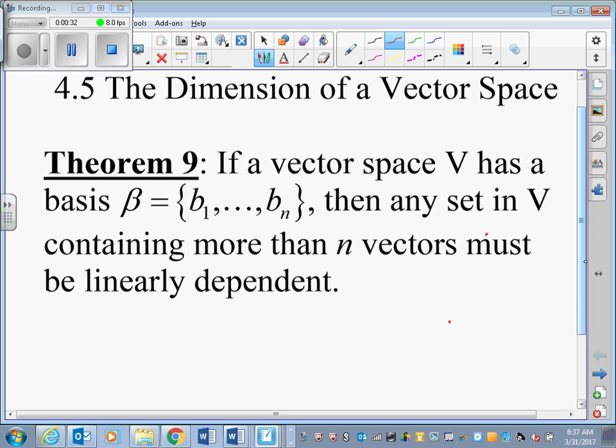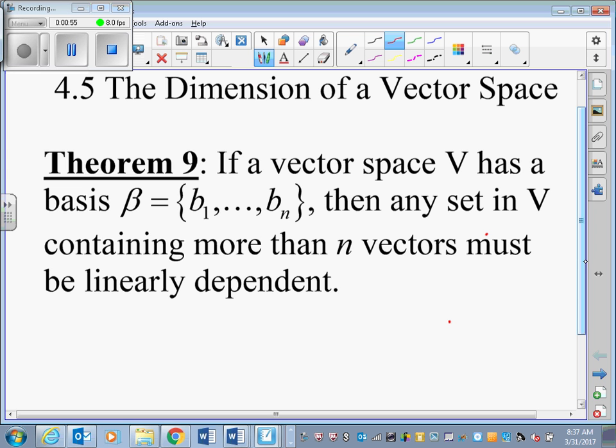So a vector space has a basis, and a basis again means an efficient span. We're using those vectors. Any set containing more than n vectors must be dependent. So it's the same question that we're asking. How do we find out whether or not something is independent or dependent?